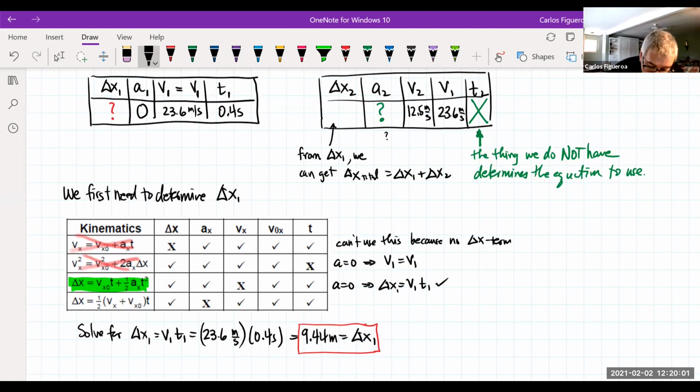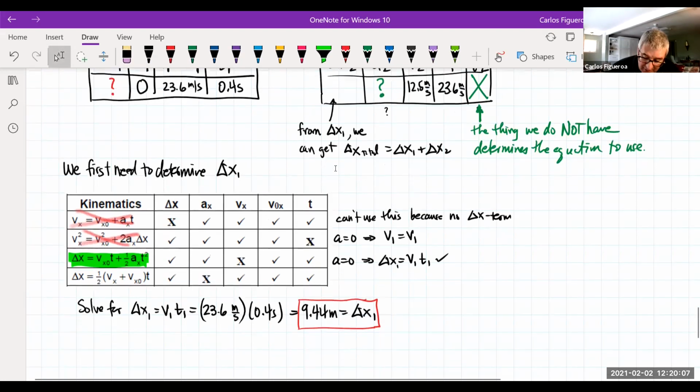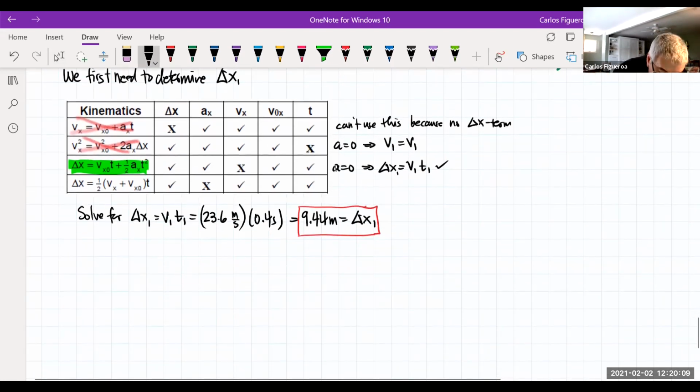But remember, this immediately tells us about the other one. This now tells us about delta x2.